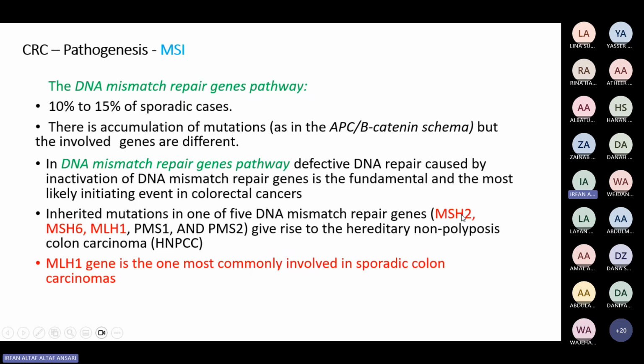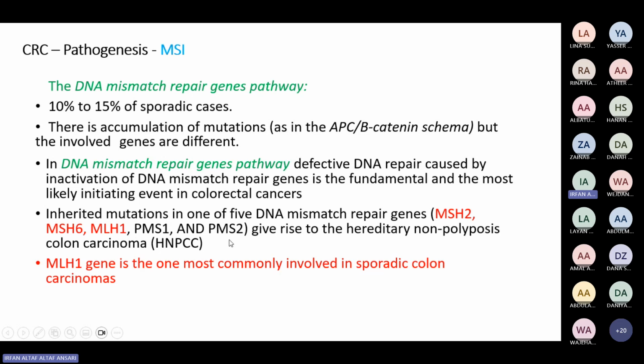Okay, so this is important. Sometimes they might ask about the genes. What genes are involved in hereditary non-polyposis carcinoma due to inherited mutation? They are MSH2, MSH6 and MLH1.